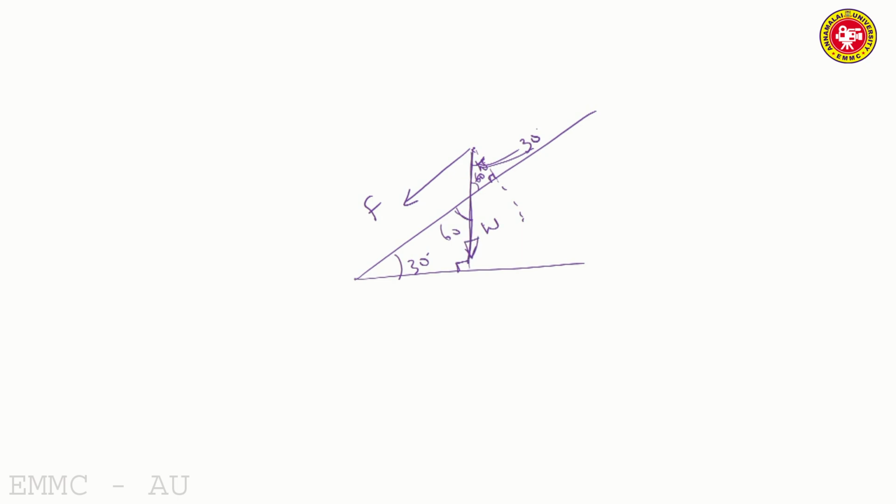Now the component of W: if you take W as a resultant, it can be resolved into two mutually perpendicular components, one perpendicular to the inclined surface, and another along the direction of the movement of the block. So this is 30 degrees, this will be 60 degrees. So this is W, this is F, and the component F is equal to W cos 60, or you can also write it as W sin 30.